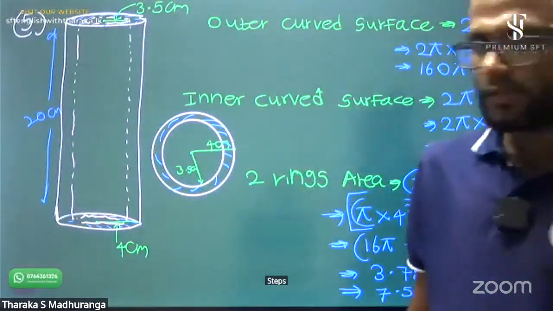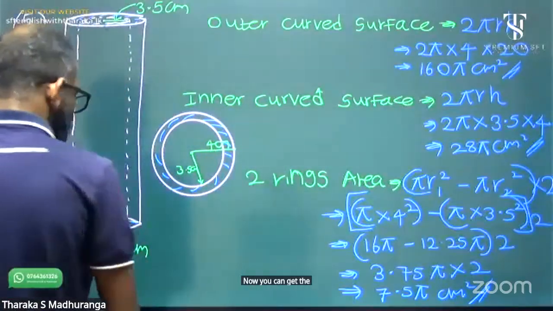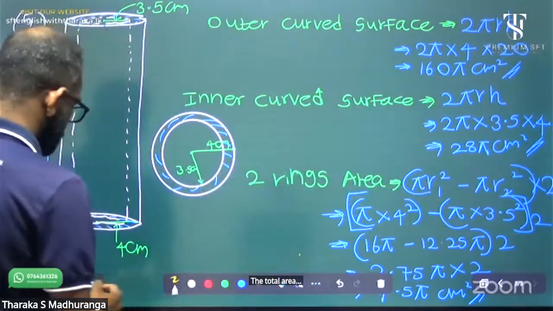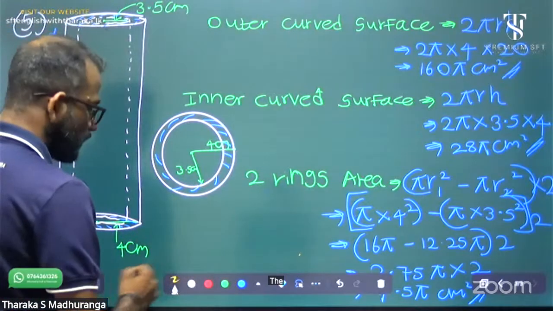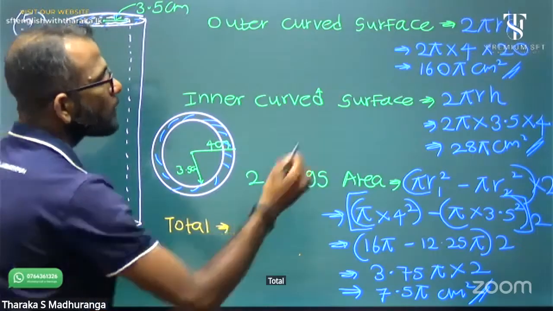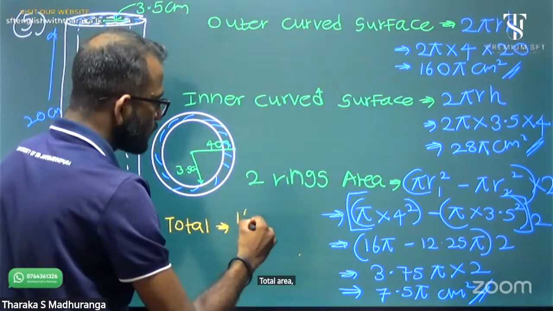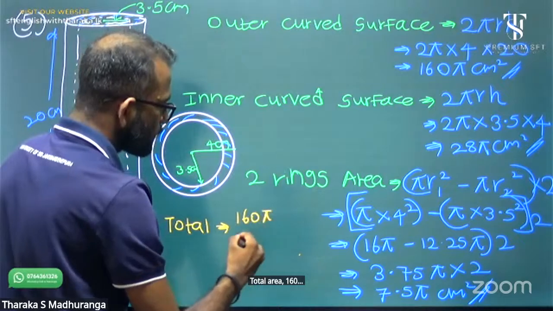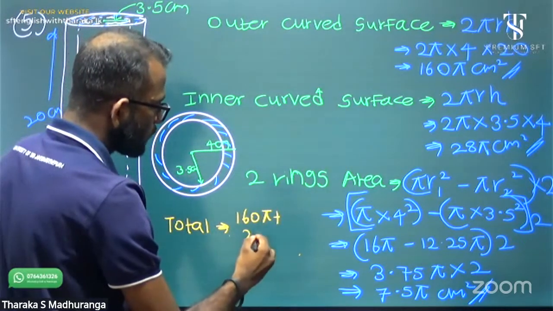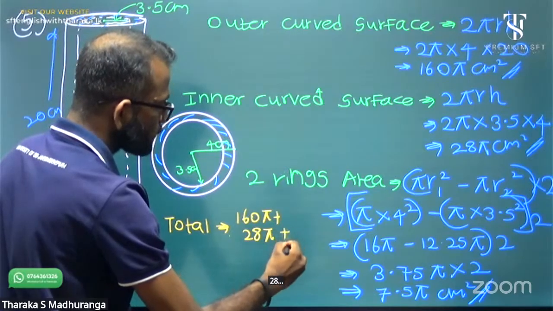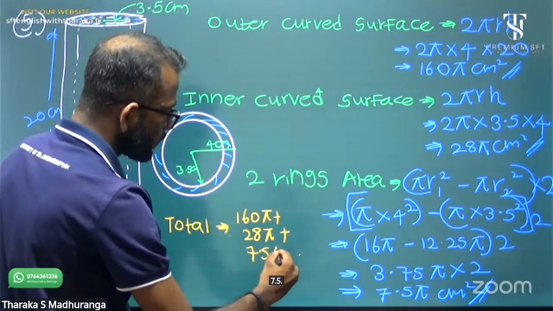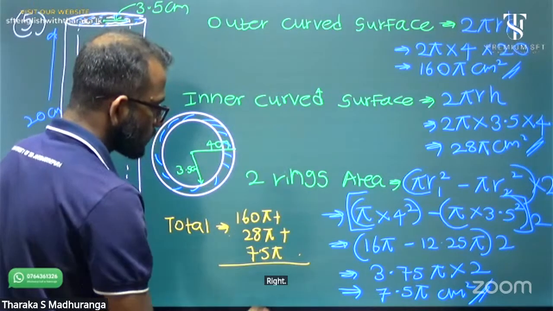Now the steps are completed. Now you can get the total area. Total area: 160π plus 28π plus 7.5π. What's the total?